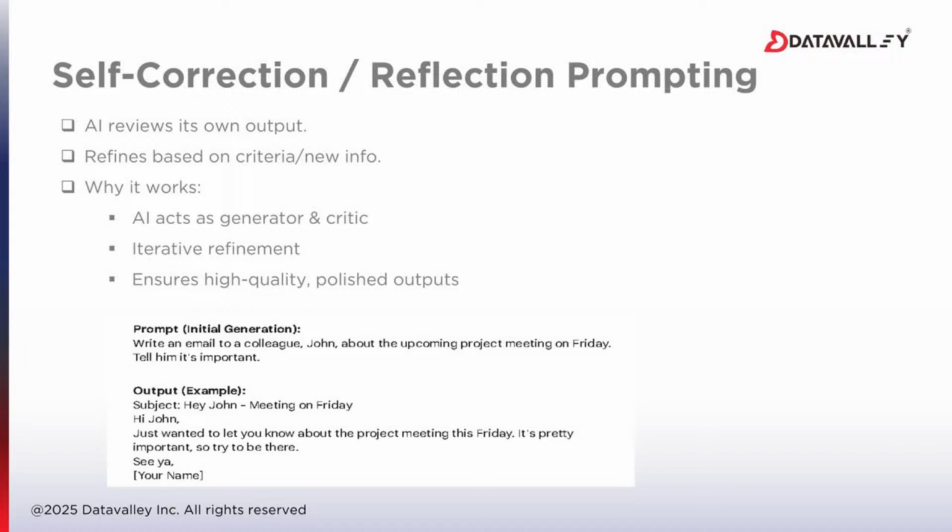So that's why, if you see in this output, I have asked for a more concise and professional email. And you can see the output clearly, how concise it is, right?